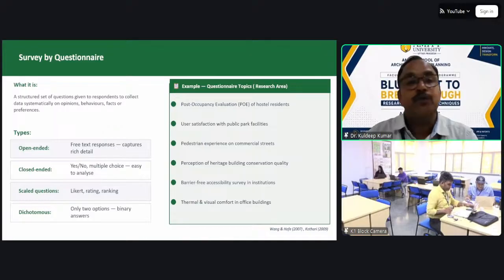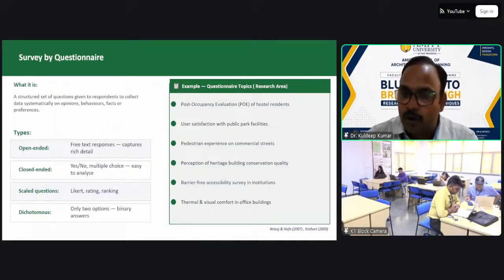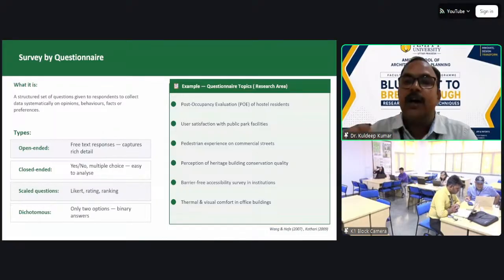The types of questions generally incorporated in a questionnaire are open-ended questions, close-ended questions, scaled questions, and dichotomous questions. Open-ended questions, as the name suggests, allow the respondents to write their own answers in their own words.